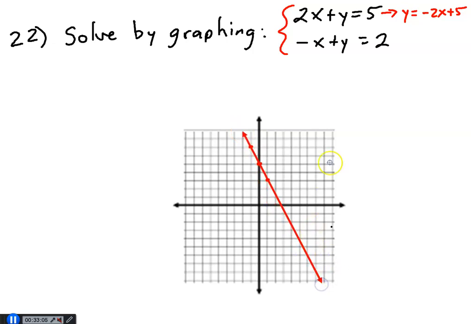And solving by graphing means that we're basically going to sketch each line, and we hope they cross. So I'll do this one in blue. Solve for y. It's going to be y equals x plus 2.